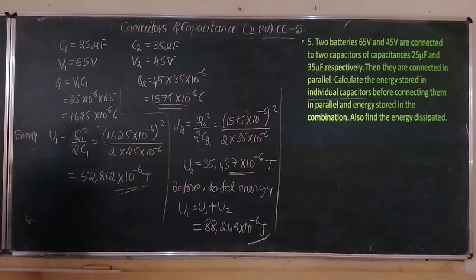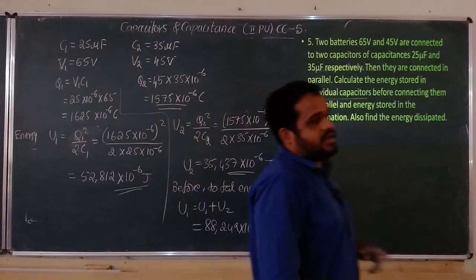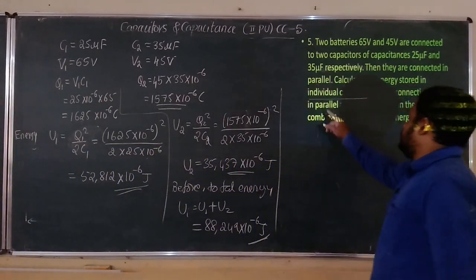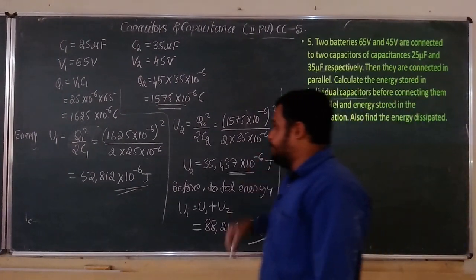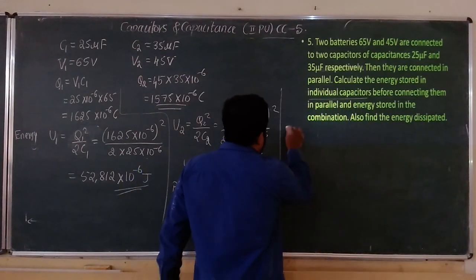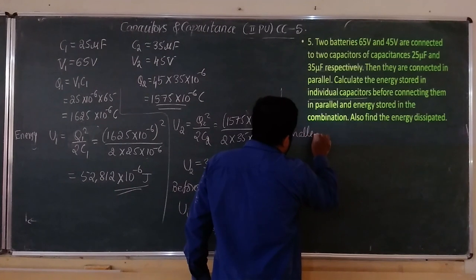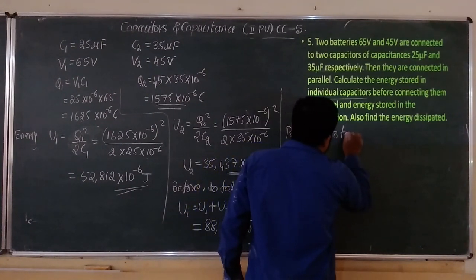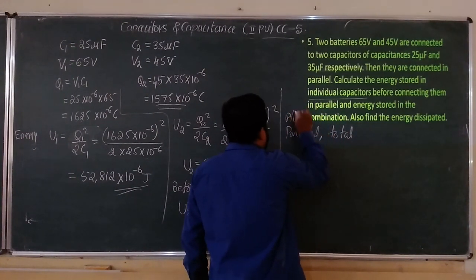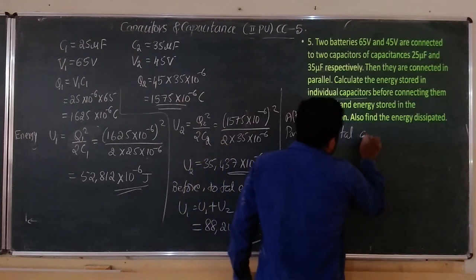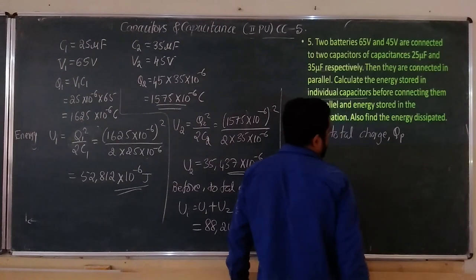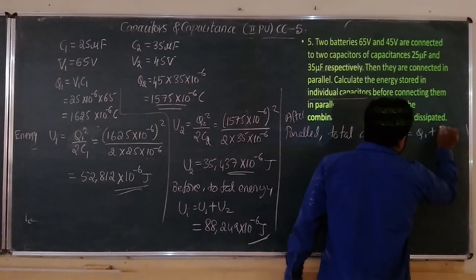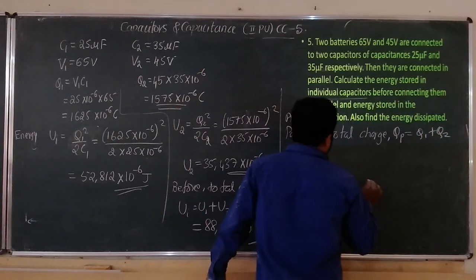Now, these two capacitors are connected in parallel. That is the condition given. After connecting the capacitors in parallel, the total charge stored in the combination, QP, is equal to Q1 plus Q2, because these two are connected in parallel.